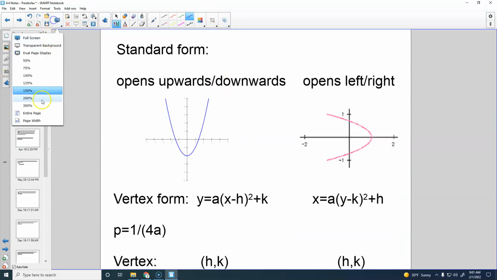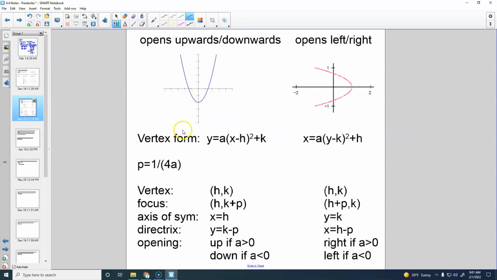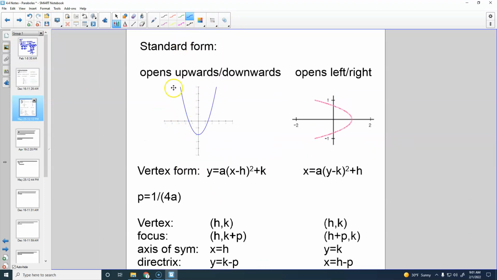We will see that if we have a parabola that opens upwards or downwards, it is our typical y equals x squared. In vertex form, it is going to look like this: y equals a times x minus h squared plus k. I usually do not do this section before we do transformations of functions, where we move functions up and down and left and right and flip them over.